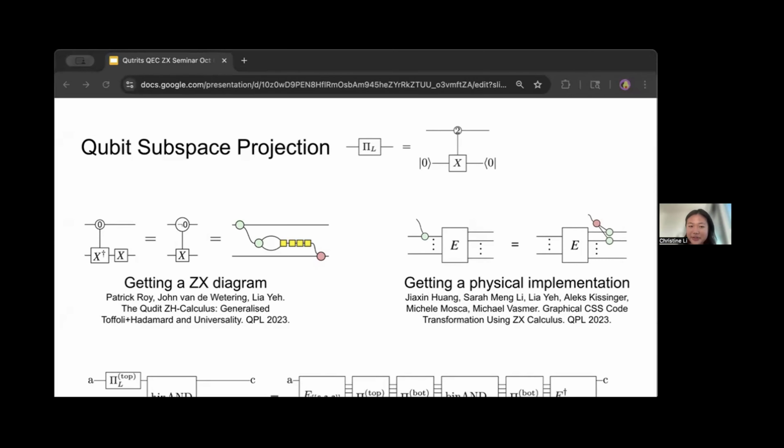This is ongoing work, and we're looking at creating a code around this gadget as well, and possibly concatenating that with the original code.